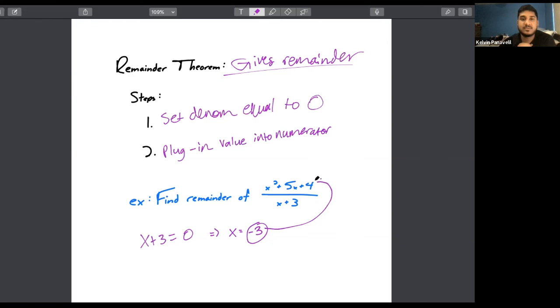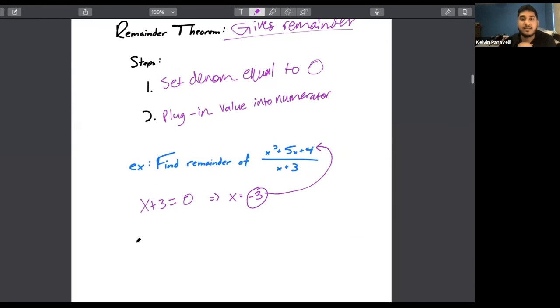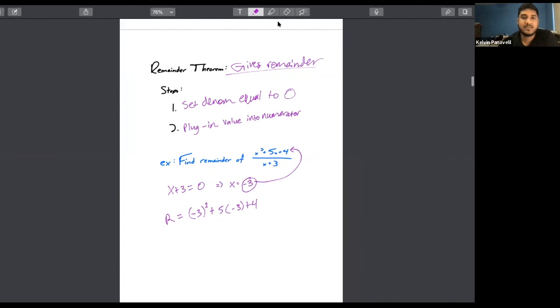R equals negative 3 squared plus 5 times negative 3 plus 4. So that'd be 9 minus 15 plus 4. Nine plus 4, 14 minus 15 is, my bad, 13. 13 minus 15 is negative 2. Awesome. So the remainder is negative 2.